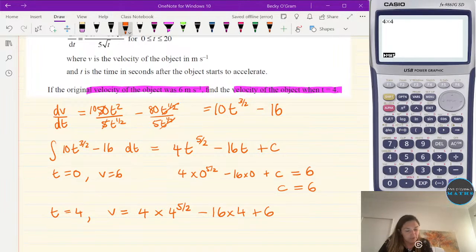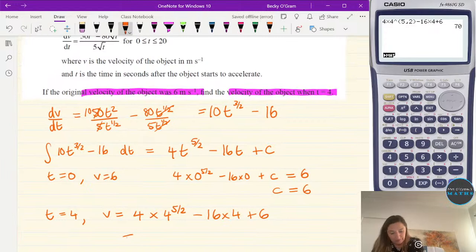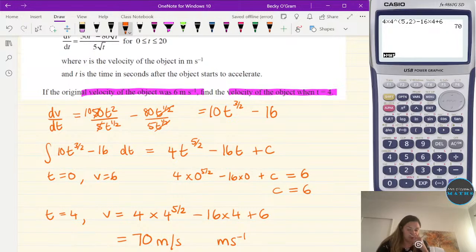So 4 times 4 to the 5 over 2, I need some brackets there, minus 16 times 4 plus 6. And that brings us an answer of 70, and I'll just check the units. We're doing velocity, so that's 70 meters per second, or if you like to write it as meters seconds to the minus 1, means the same thing. So meters per second.